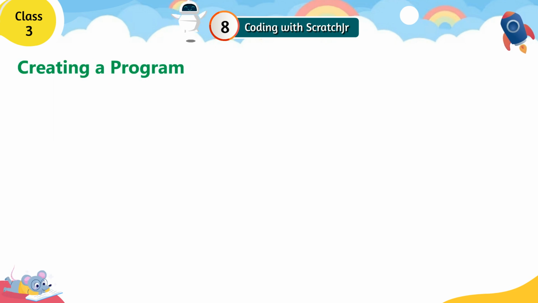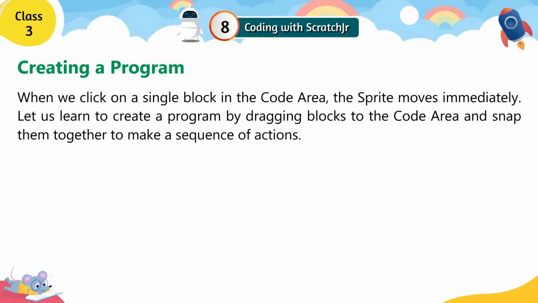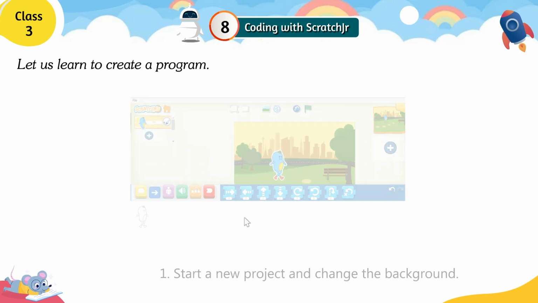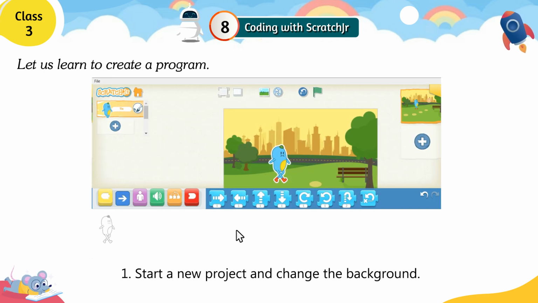Creating a program. When we click on a single block in the code area, the sprite moves immediately. Let us learn to create a program by dragging blocks to the code area and snap them together to make a sequence of actions. Let us learn to create a program. Step 1. Start a new project and change the background.